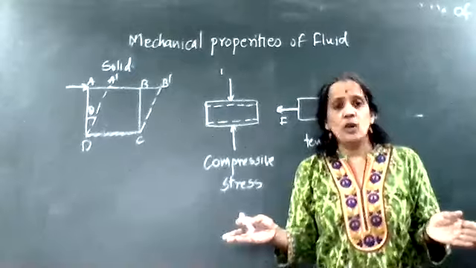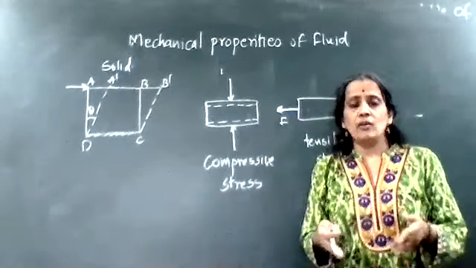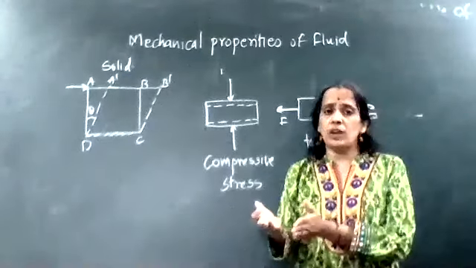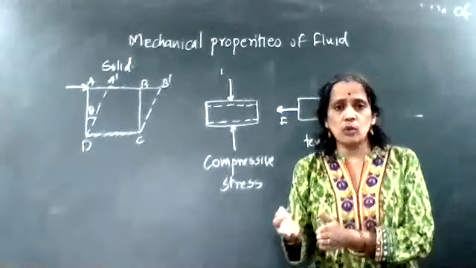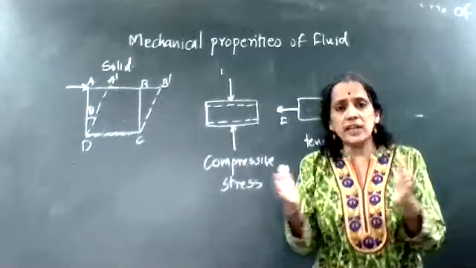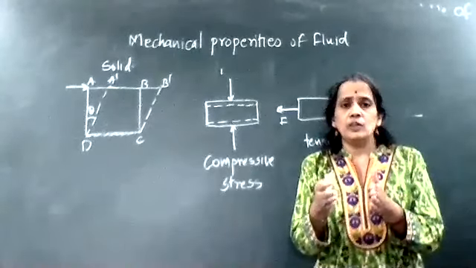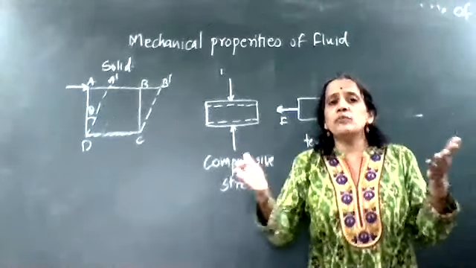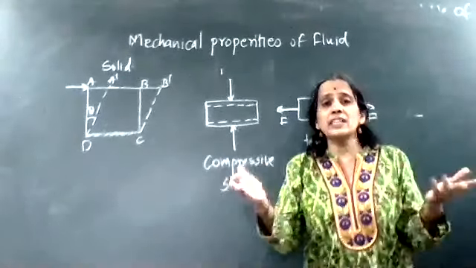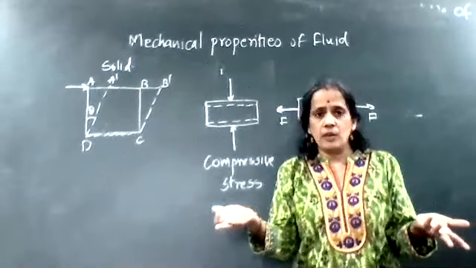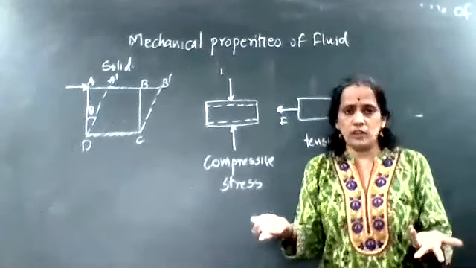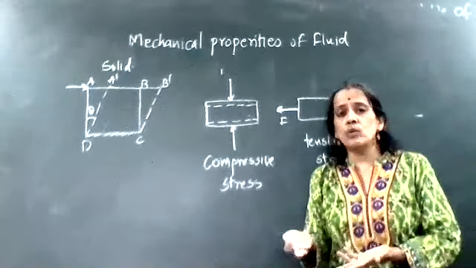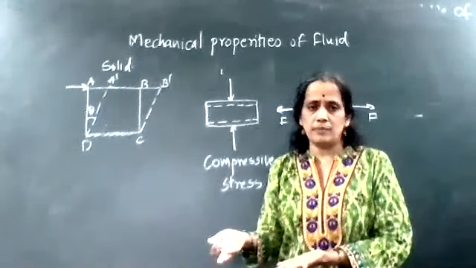Is it right? While in liquid, what is the thing? A liquid possesses only volume elasticity. Due to application of stress, the volume will get compressed or released, so there is only a change in volume. So I can say that liquids and gases possess only bulk modulus.